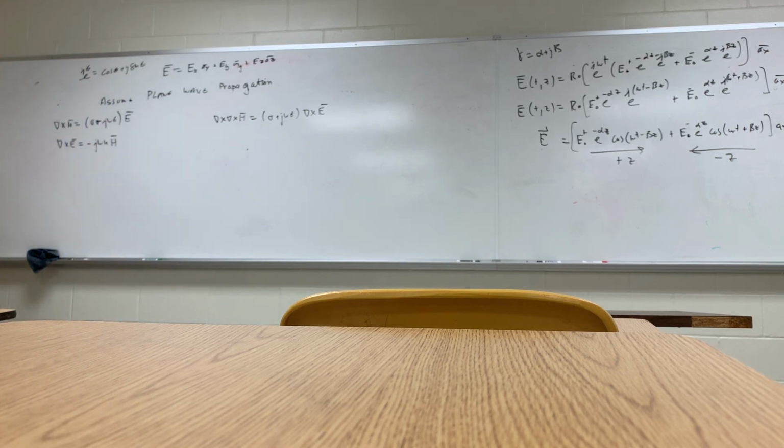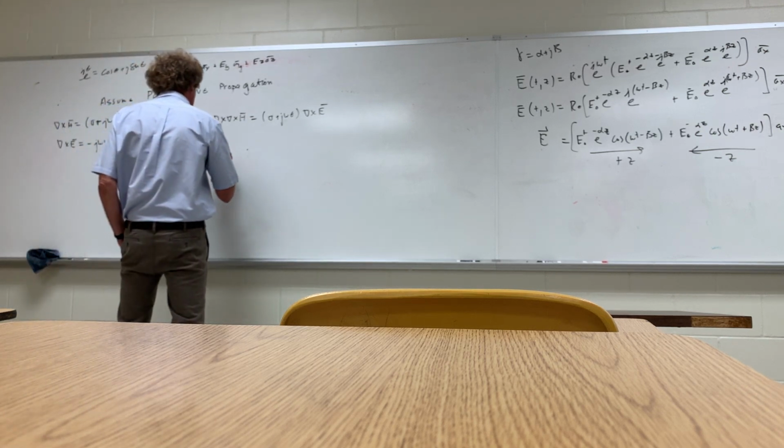What's my next step? Remember from the past, I want one equation, one unknown. Now, this time I want it in H. What am I going to do to that equation to get rid of that curl of E? Plug in, right? Sure.